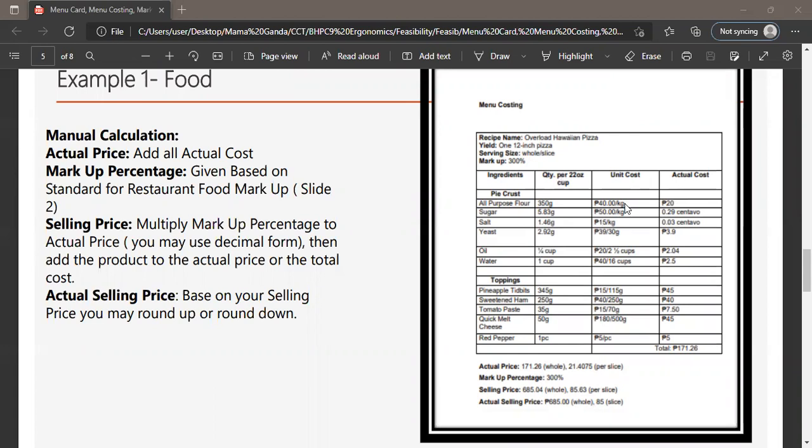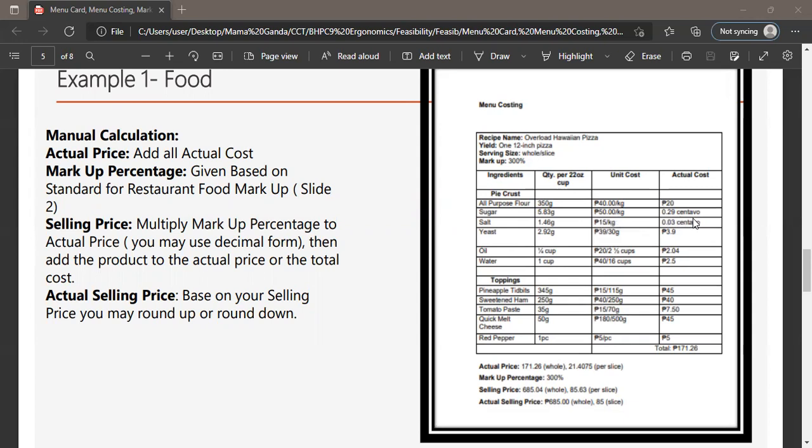And how much is the amount of sugar per kilogram? Usually in the market, the price of sugar is per kilogram, so 50 pesos per kilogram. And then you have the actual cost of 0.29 centavo.